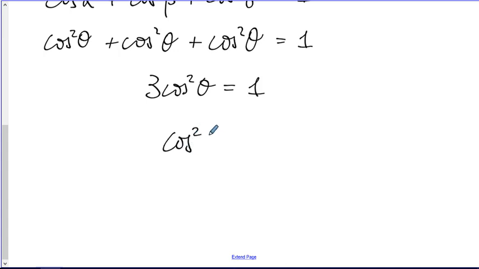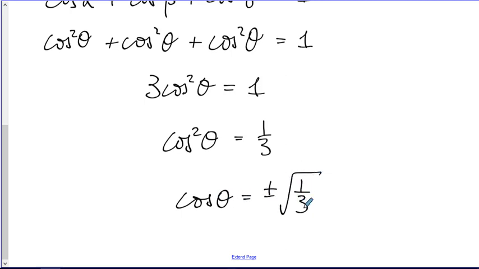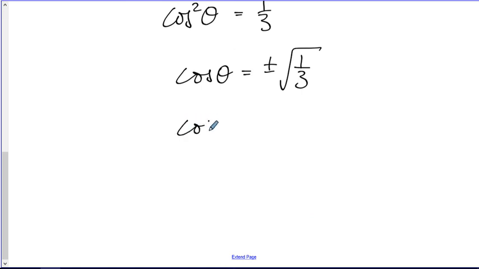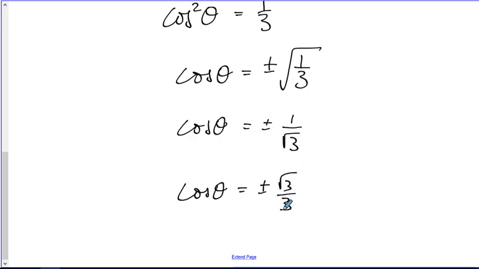which implies that cosine squared theta is 1/3, or cosine of theta could be either plus or minus the square root of 1/3. That is, cosine of theta could be plus or minus 1 over root 3, and I could rationalize that: cosine theta equals plus or minus square root 3 over 3. Now, what angle gives you that value? It's not any of the special angles.